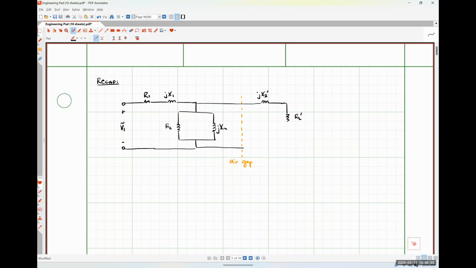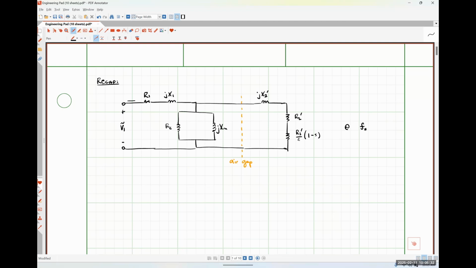This R2 prime is representing our copper losses. And then we have an R2 prime over S times a factor of 1 minus S, representing, I believe, our mechanical losses. And this whole thing is operating at our stator frequency.